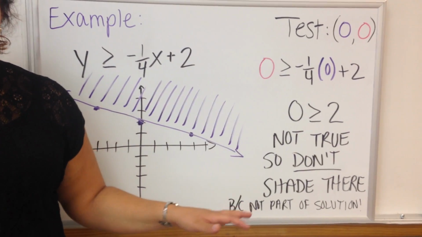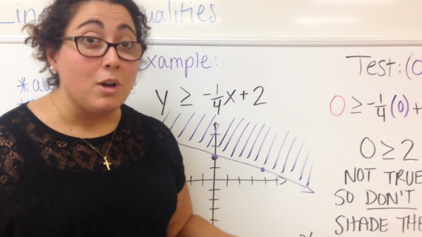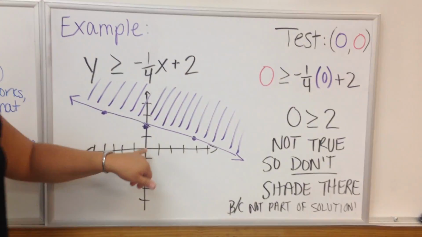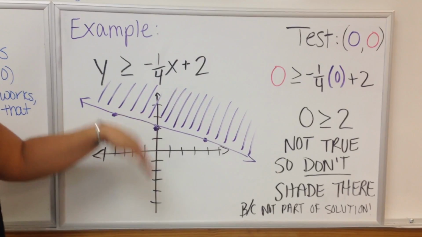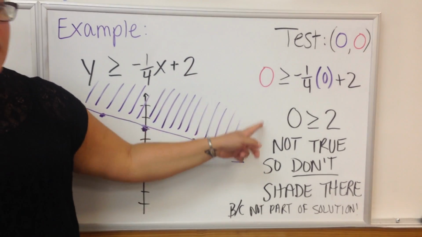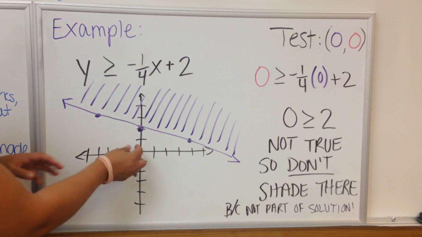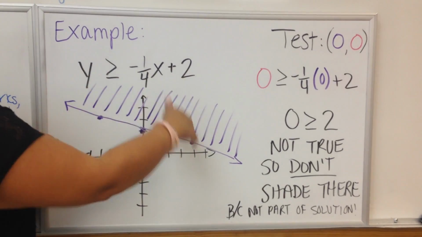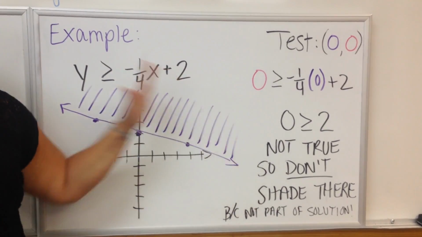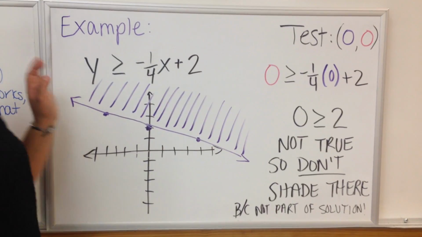That's not true. So do not shade 0, 0. If 0, 0 worked, then we would shade there. But since that is not a true statement, you want to shade everything on the other side. So this is not part of your solution, but all of these, hence why it's shaded in purple, is part of your solution.